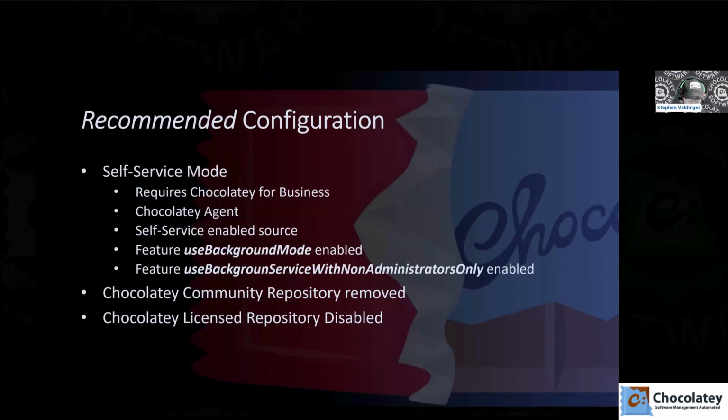So if the use background service with non-administrators only feature is turned off, literally anybody who issues a Choco command on the computer is going to be subjected to the background service.